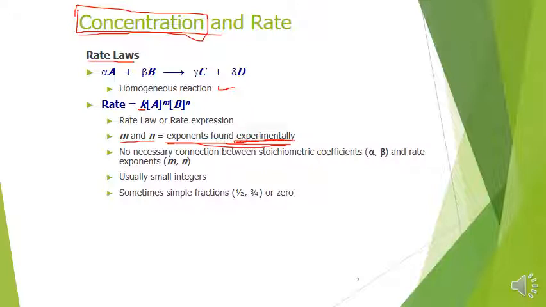There's no necessary connection between the coefficients and m and n, and we'll find this is not true for equilibrium. There is a relationship between the coefficients and the exponents when we get to equilibrium. Usually these are small integers, like 0, 1, 2, and 3, and sometimes they can be simple fractions like 1/2, and so forth.